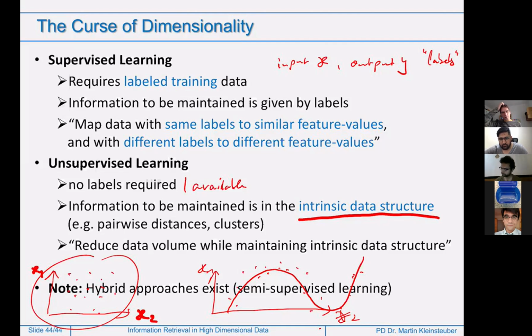Okay. Let's move ahead then. But to finalize that, if you have labeled data, then of course your algorithm can also learn features that are relevant for the decision you want to make with it, or for the categorization.